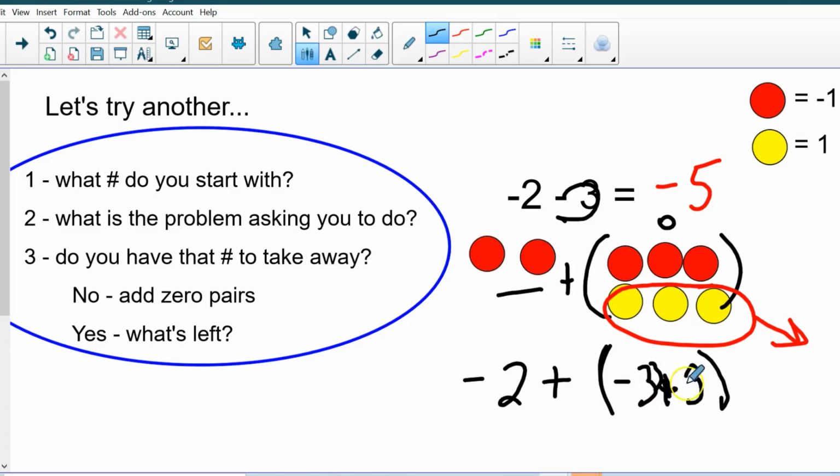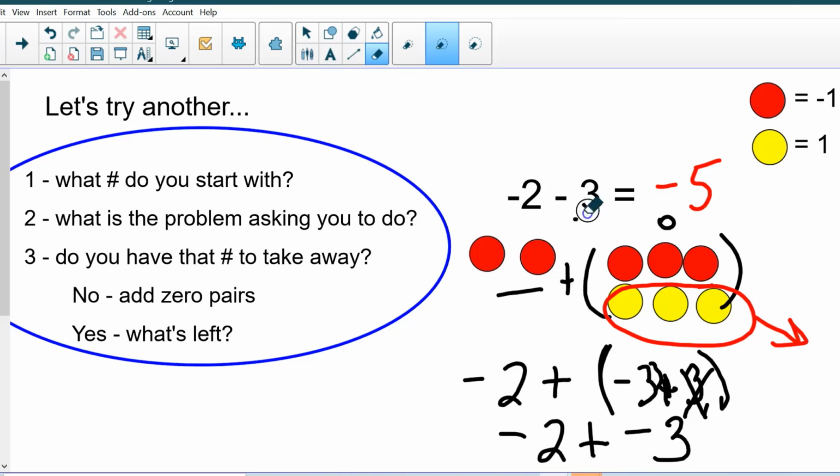And now I could take away 3. And what were we left with? Negative 2. And the opposite of the positive 3 we took off. So negative 2 minus 3 is the same as negative 2 plus negative 3, which is negative 5. Okay?